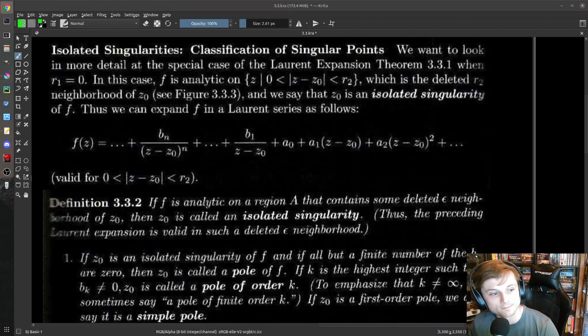Now, the gist of everything, let me pull up my lecture notes. Let's look at the basic case of when R1 is 0.